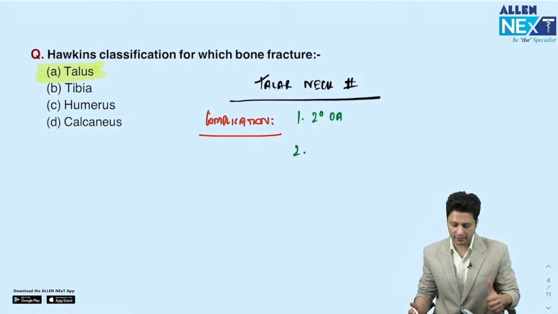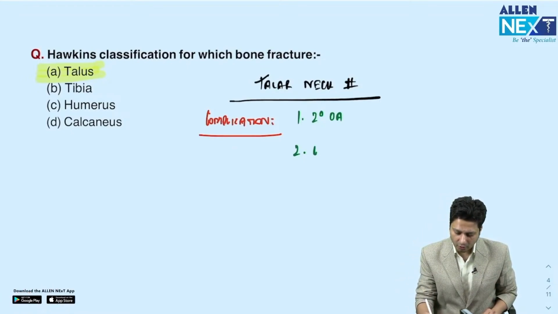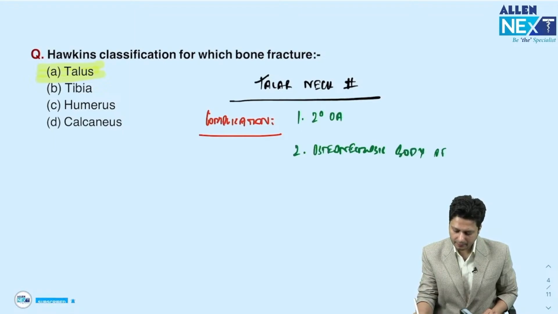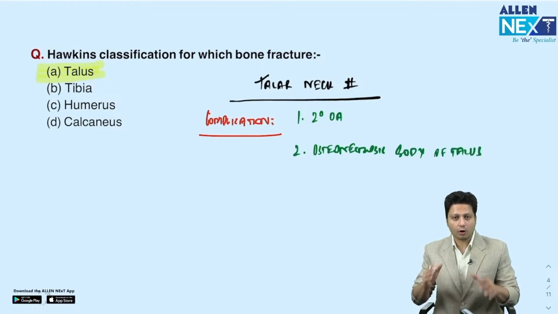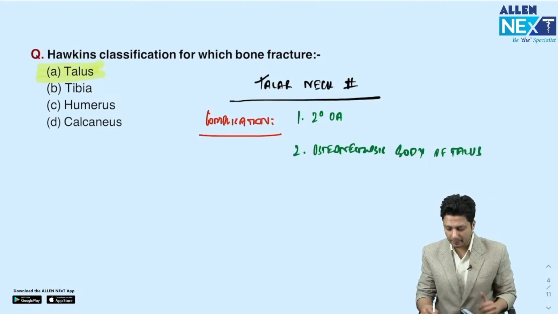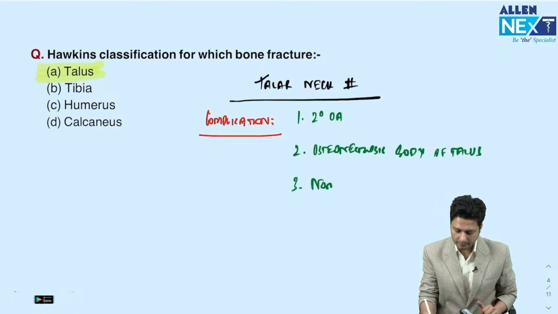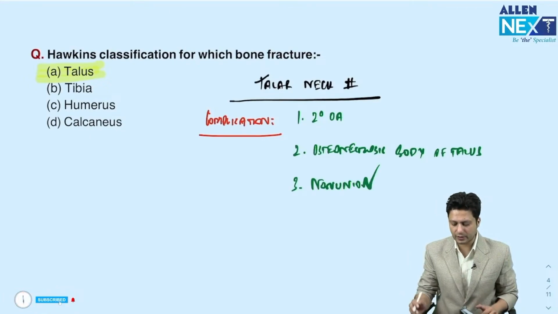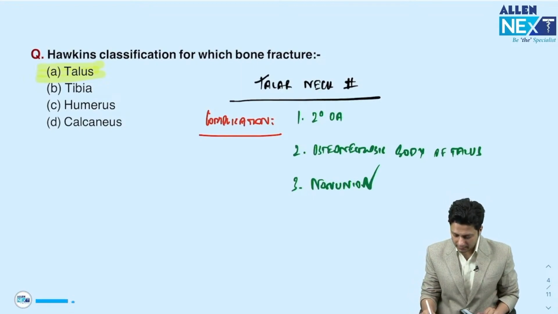All right. So that is a complication. Another complication is osteonecrosis of the body of the talus. Why does it happen? Because of the non-union at the fracture site. So these are the 3 complications which you have to understand.